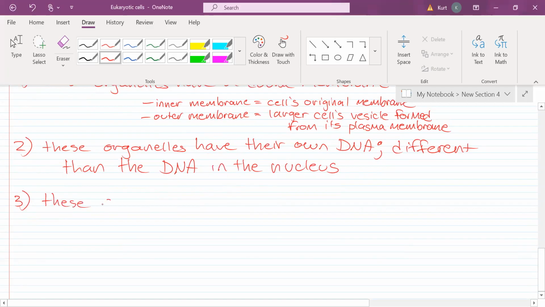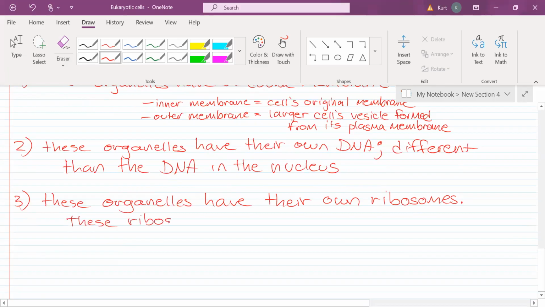Next, these organelles have their own ribosomes. Well, as I said in that Venn diagram, prokaryotes have ribosomes too. You don't often see ribosomes in an organelle, and furthermore, these ribosomes resemble prokaryotic ribosomes.